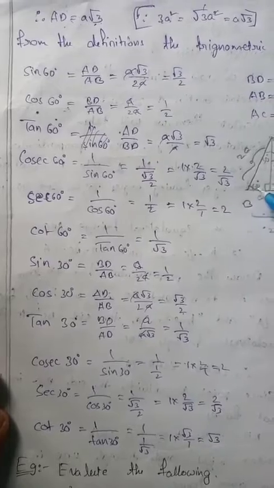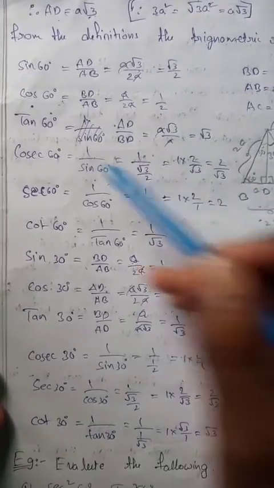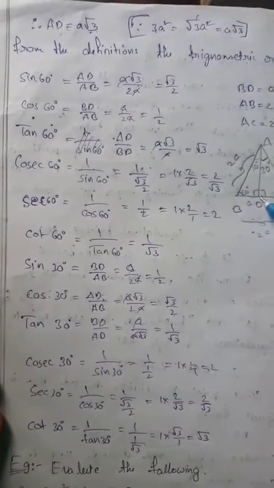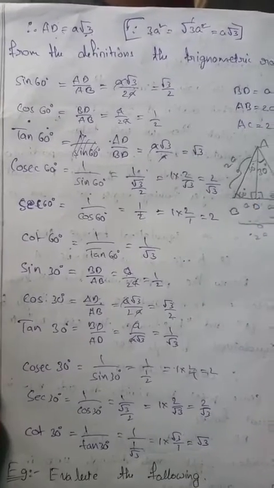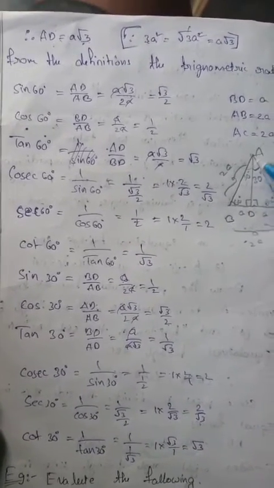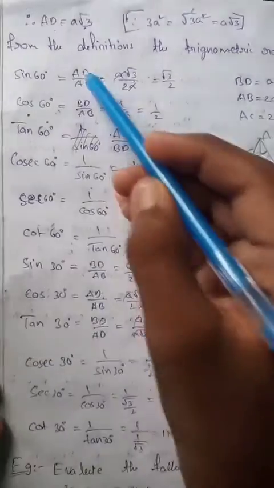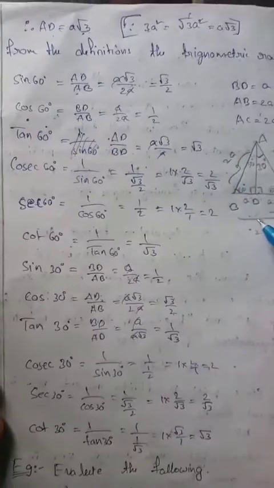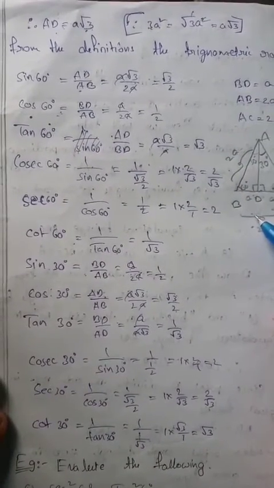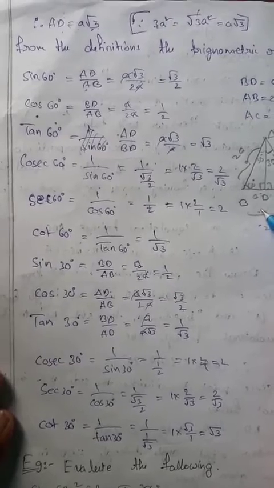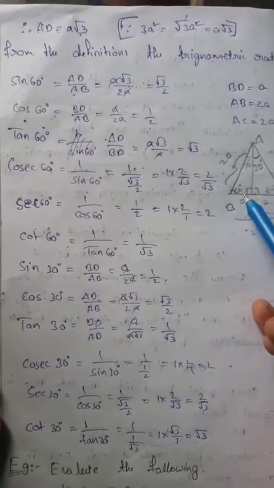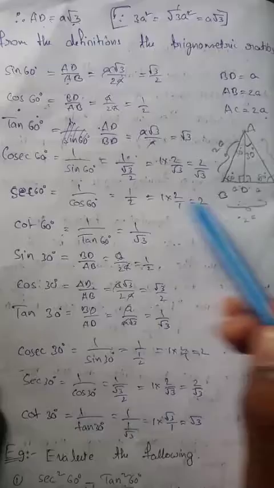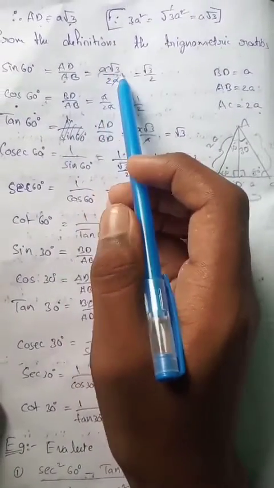In this way we have to see AD by AB. Opposite side by hypotenuse is the sine value, so AD by AB.